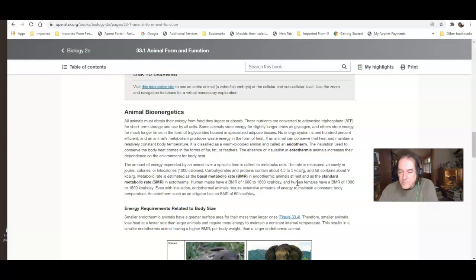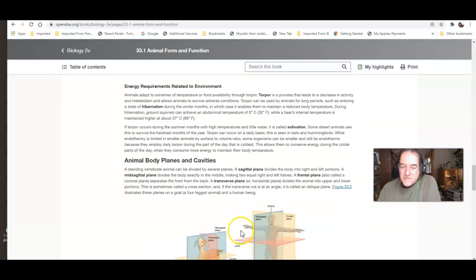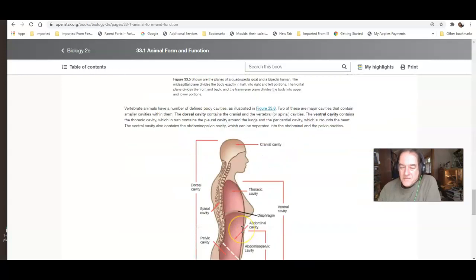But an animal can't exist if it can't keep from freezing. And there's two ways of doing that. Be in a place that's not freezing, and that's all animals living in liquid water. Or if you are in a place that is below freezing, you've got to be an endotherm. You have to have an internal source of heat.